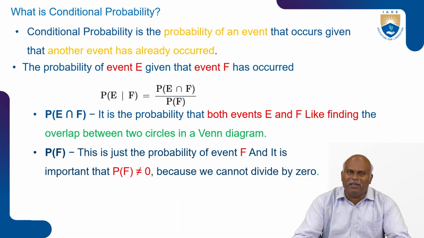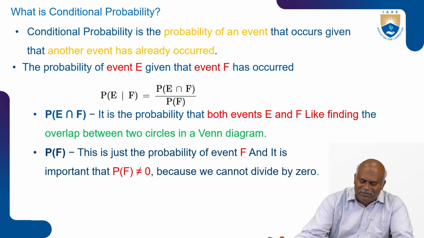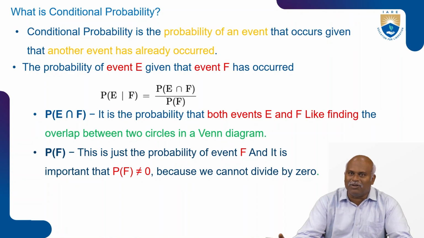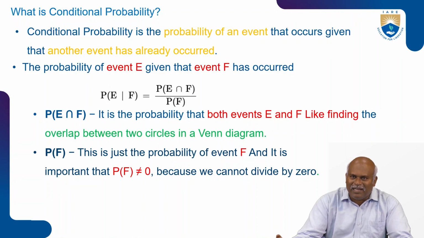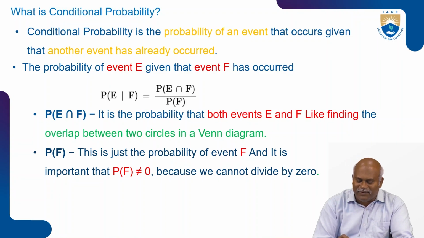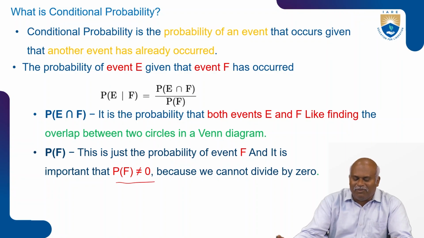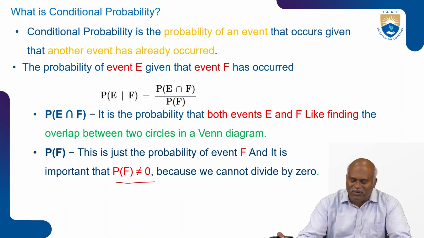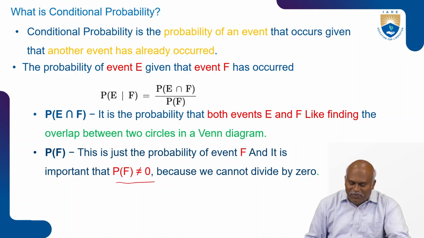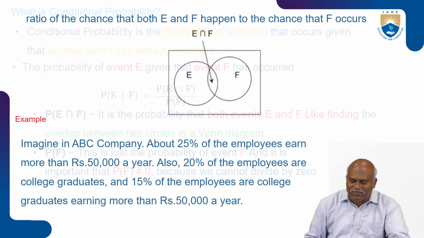Next, we go for P(F). This is just the probability of F, and it is important that P(F) is not 0, because we cannot divide by 0.